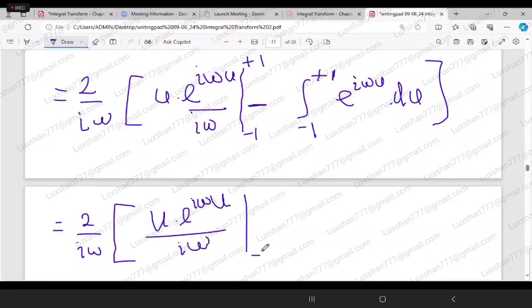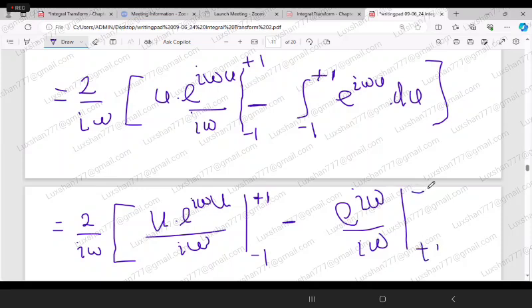I want to substitute -1 to +1, minus, if I integrate this one, I will get e to the power i omega u over i omega. Again, I want to substitute +1 to -1.